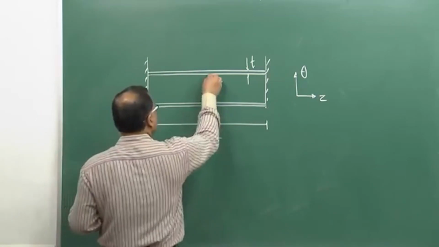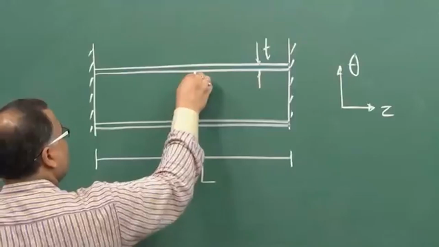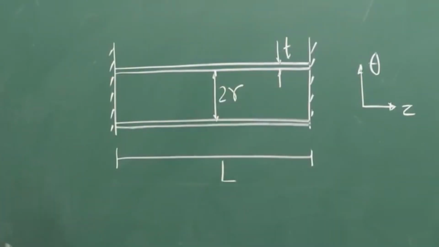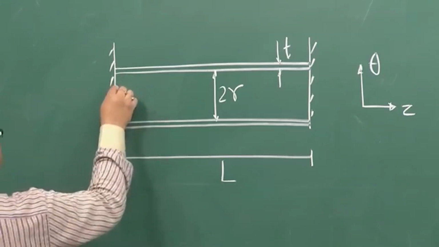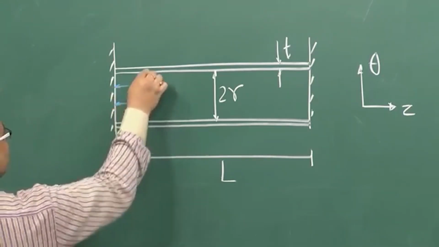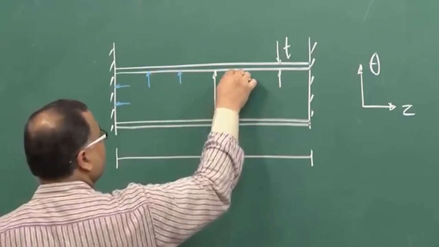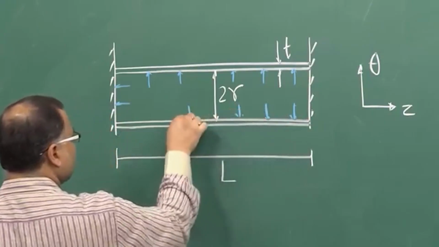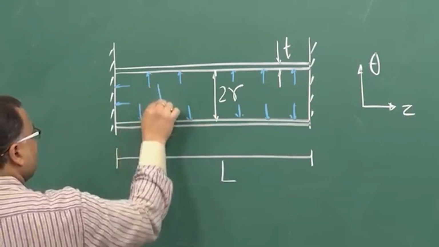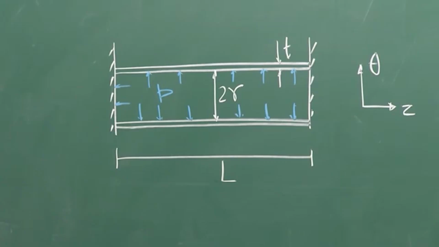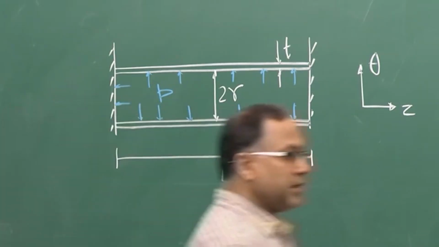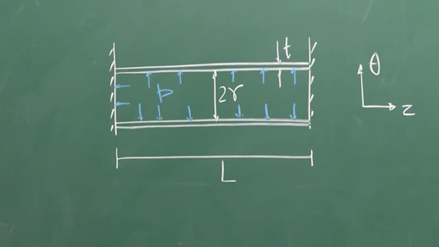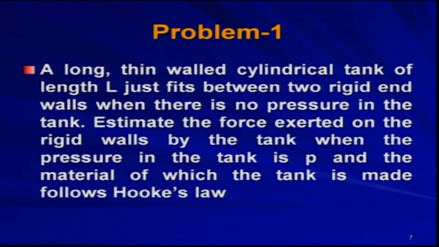And 2r is the inner diameter of the tank, and this is under internal pressure P, okay.